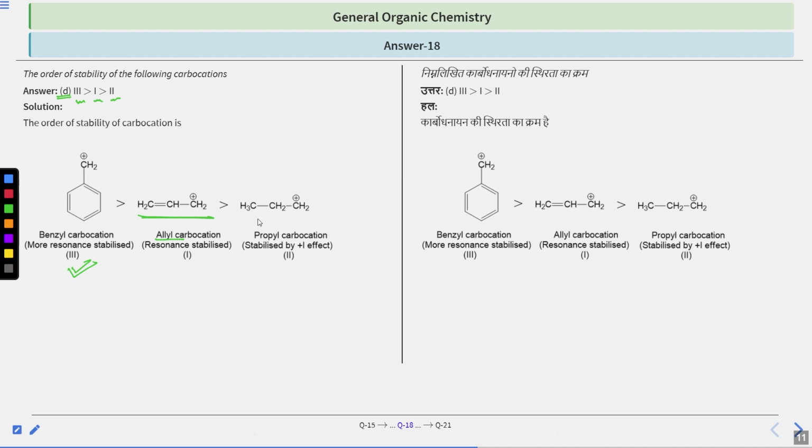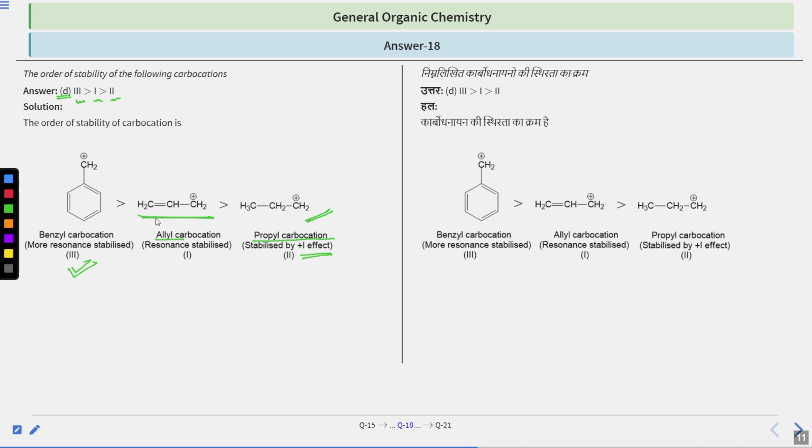And at the third position of stability, we have the propyl carbocation, and it is stabilized by the plus I effect. Like, CH3 is present, so it will donate electrons to this positively charged carbon and it will get stabilized. So due to the plus I effect, the propyl carbocation is stabilized.